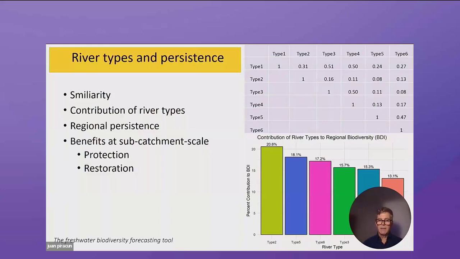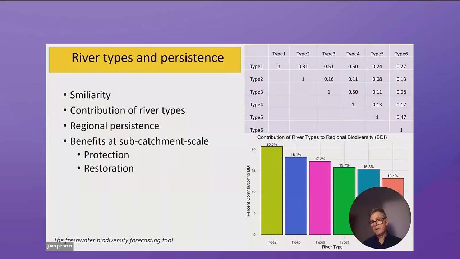And this allows us to calculate regional persistence of biodiversity, where river types that share few species with other river types contribute more to the regional biodiversity.